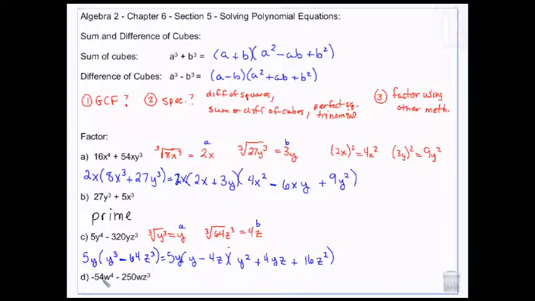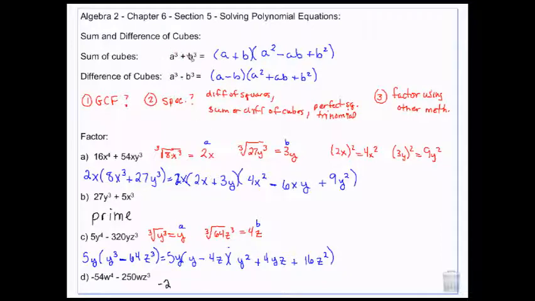So I have 54. So prime means not factorable? Yeah, prime means not factorable. So I have 54 w to the fourth and 250 w z to the third. Now between 54 and 250, they're both even, so I'm going to go with 2 to start. And since they're both negative, I want to take out a negative 2 because we don't have a pattern for the first being negative.